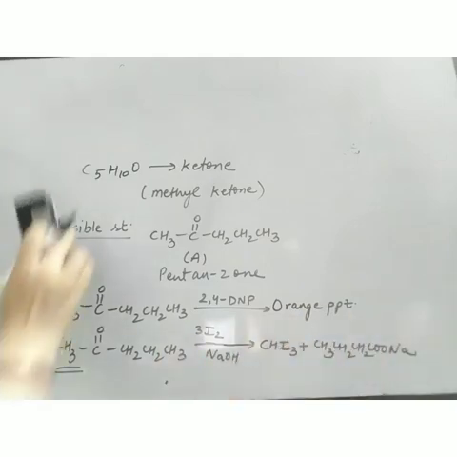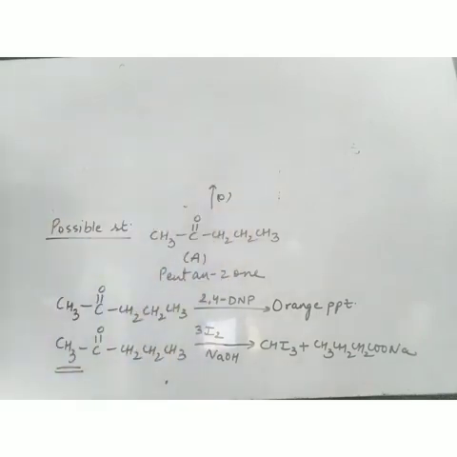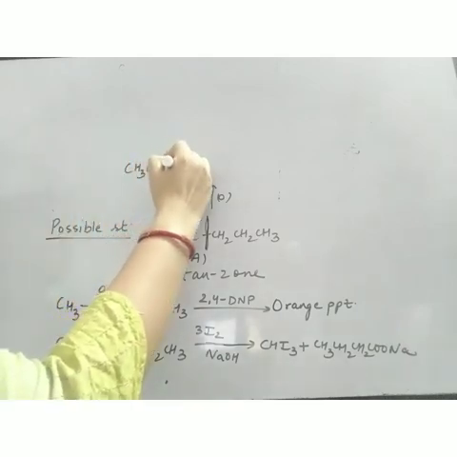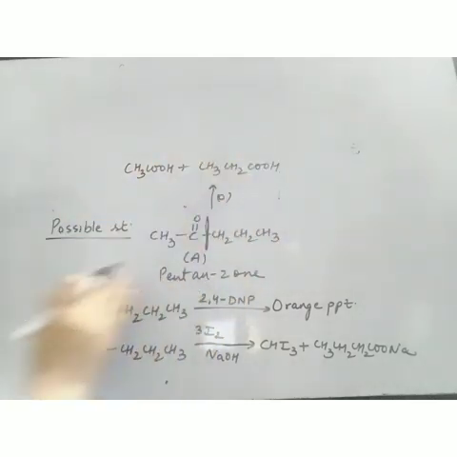Also on oxidation, it gives 2 acids. If it is oxidized, we apply Popoff's rule, so cleavage will be done from here only, and I will get a mixture of ethanoic acid plus propanoic acid. It means my possible structure pentan-2-one is correct. This is how you can solve the word problem question. So these were some important questions based on the concept of aldehydes and ketones.